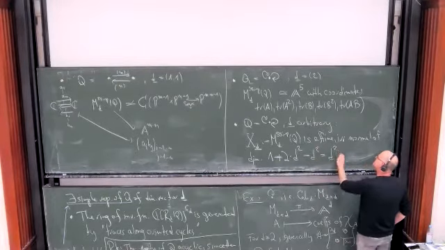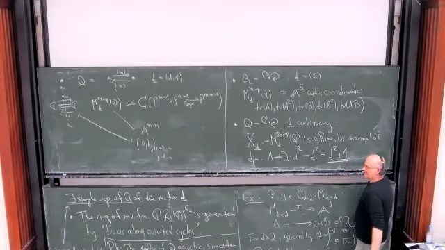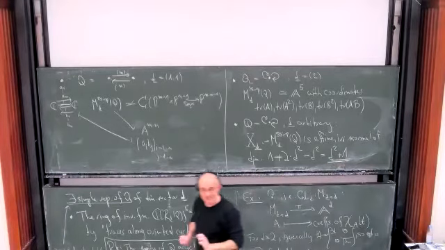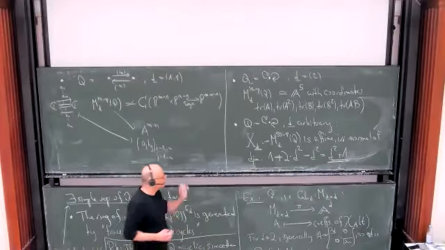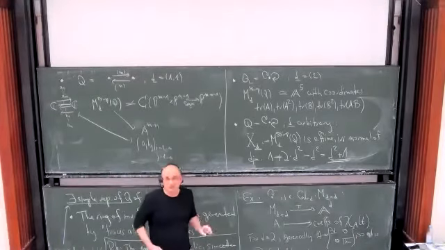So the dimension is D squared plus 1. This is the expected dimension by this general formula. Let's see that this is the actual dimension.